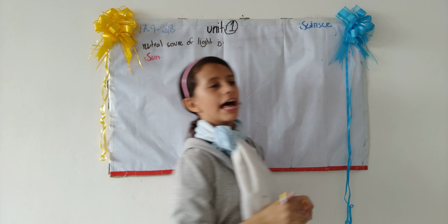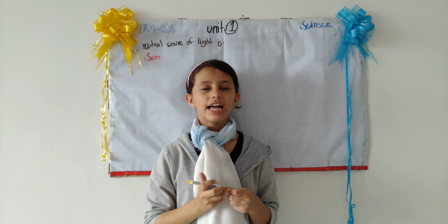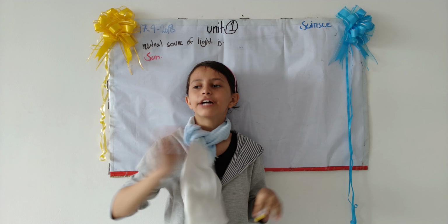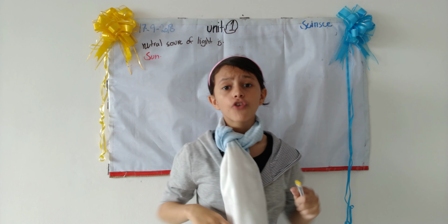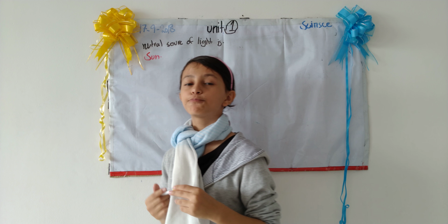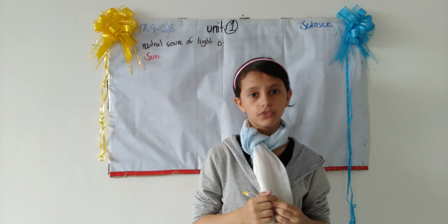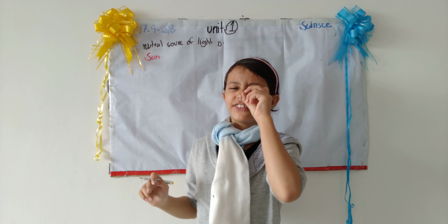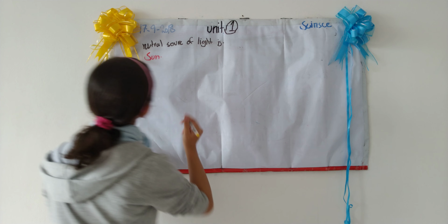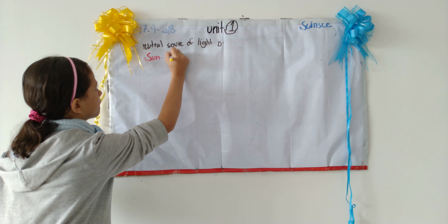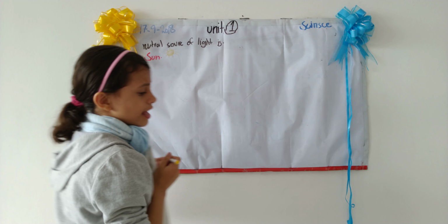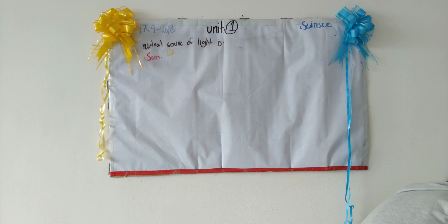A natural source of light is one that is not made by a human; it comes from nature, from the sky, from anywhere. Also the stars are a natural source of light. Even if it's a little light, at least it's their own light. The sun is a natural source of light.